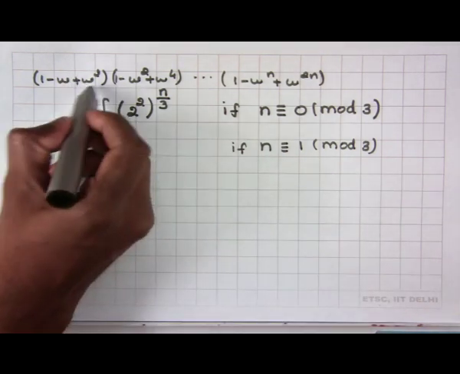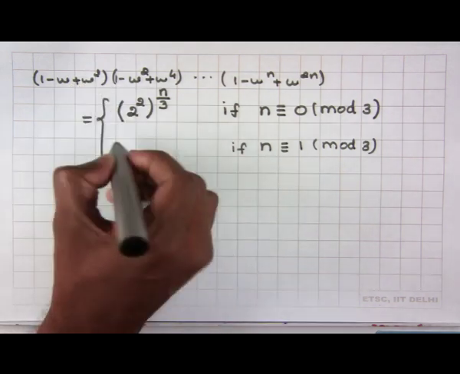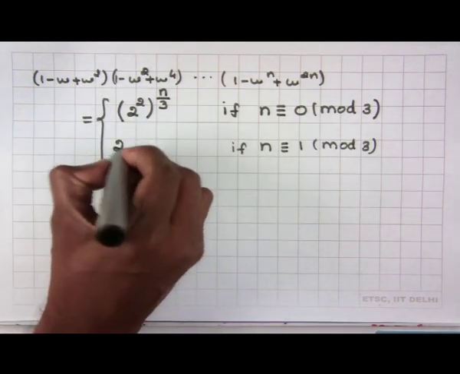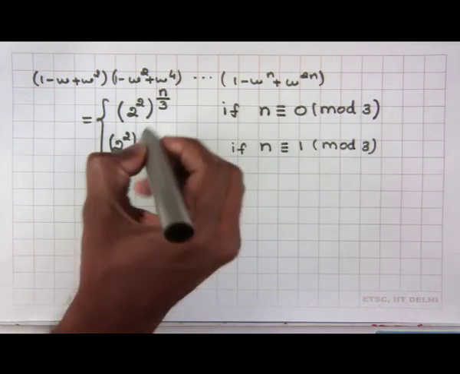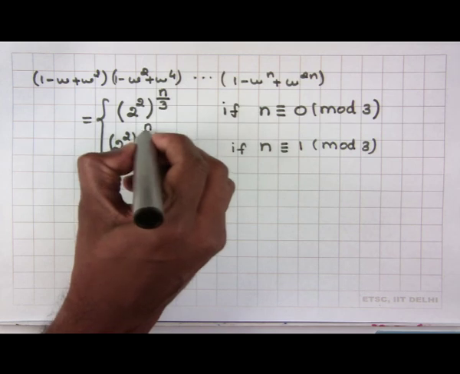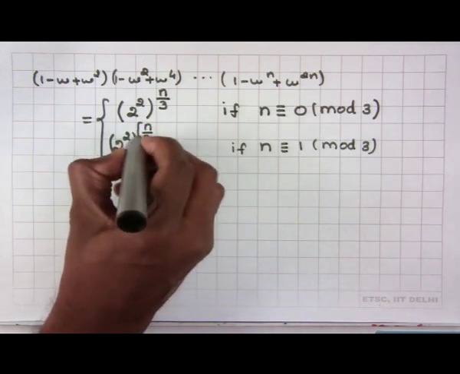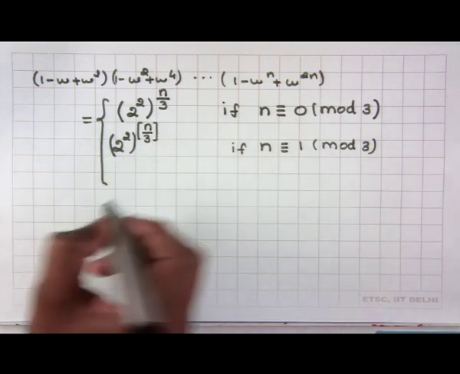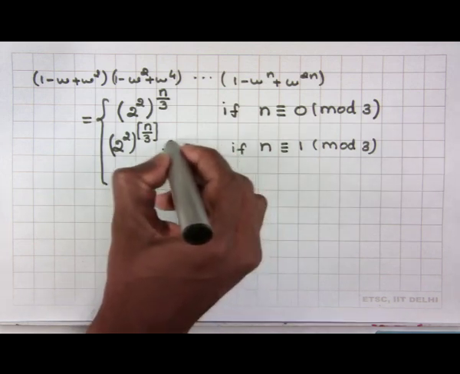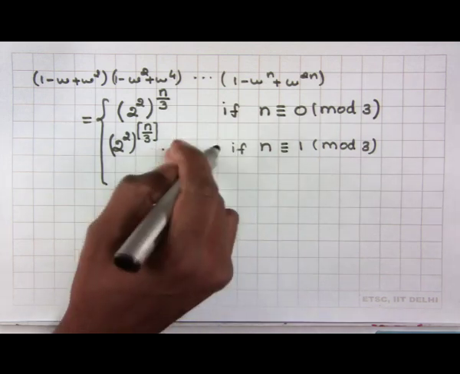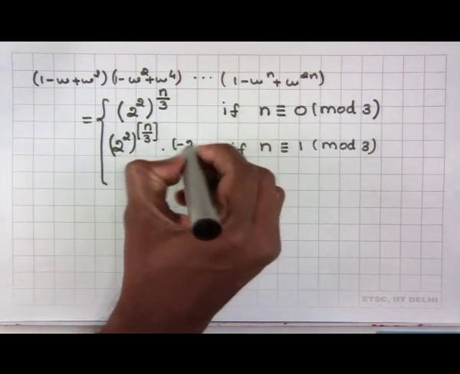So, the expression you get is 2 square power the quotient when you divide by 3, and then there is one more factor which we did not combine in 3 terms, which is minus 2 omega.